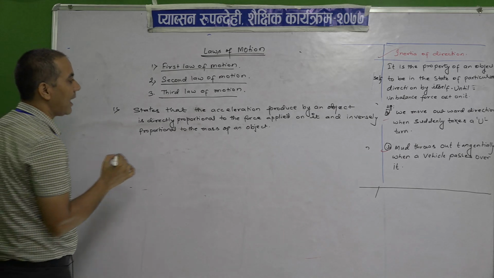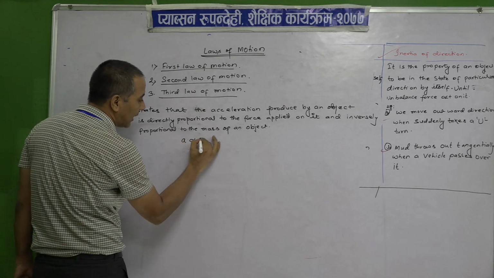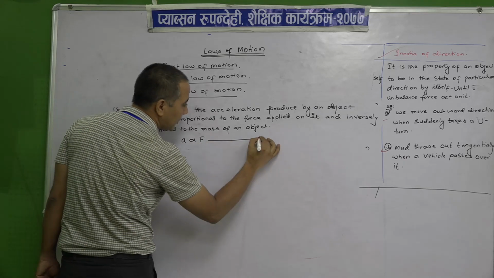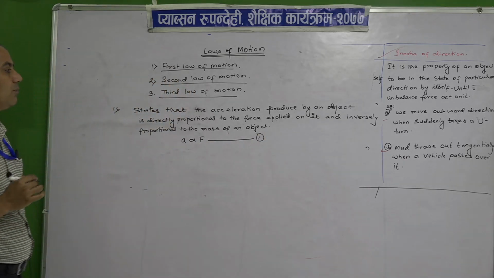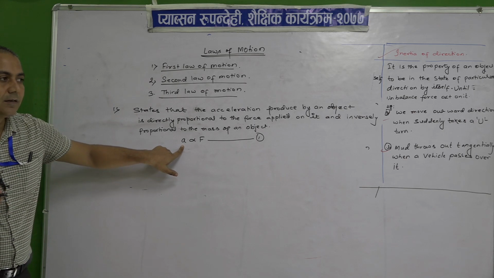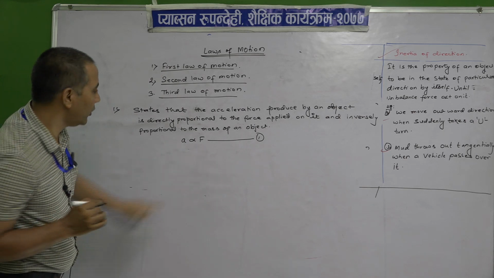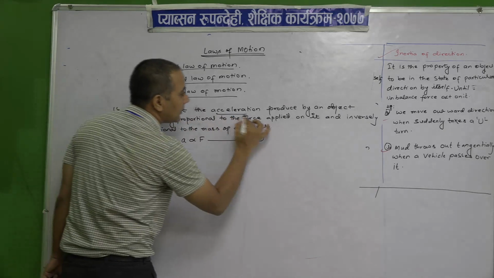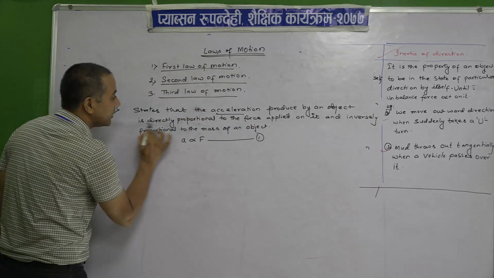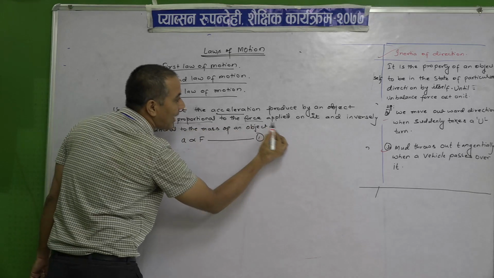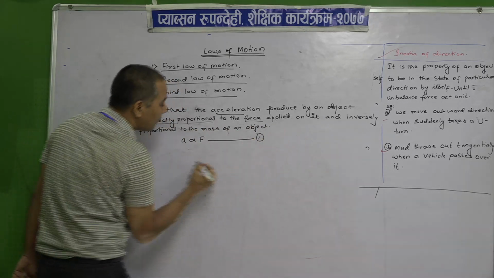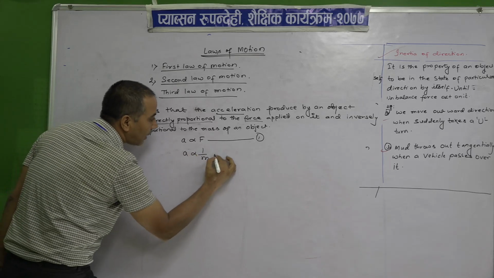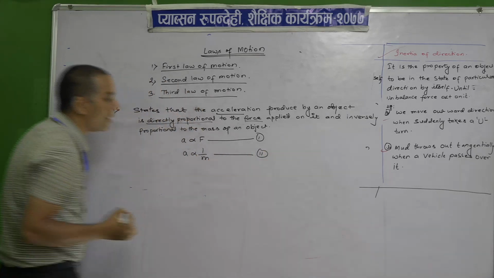Numerically, A is directly proportional to the force applied, where A denotes acceleration and F denotes force. And second, A is inversely proportional to the mass of the object. Inversely means 1 upon m.